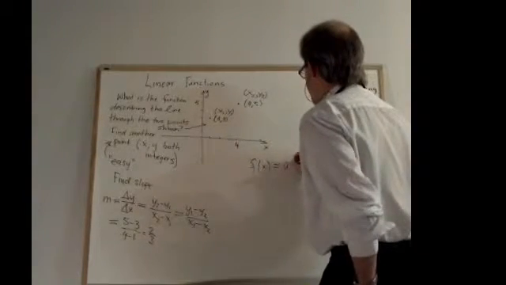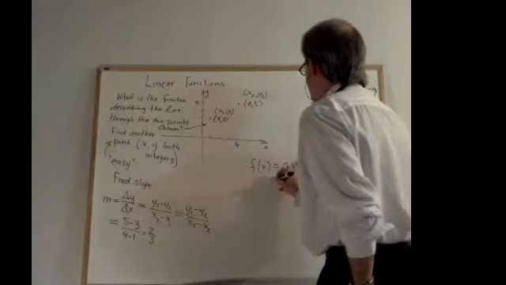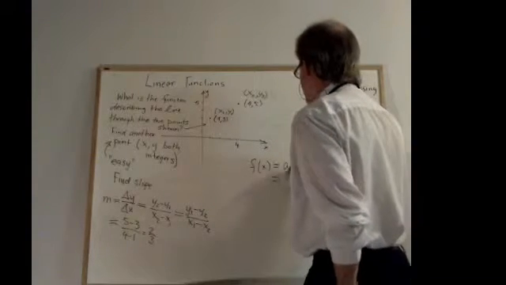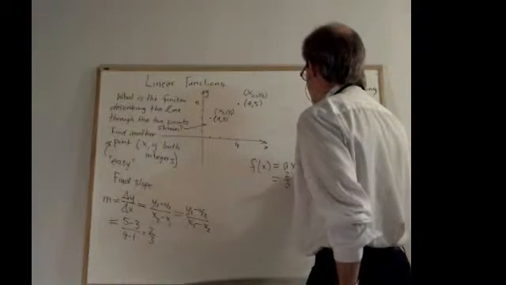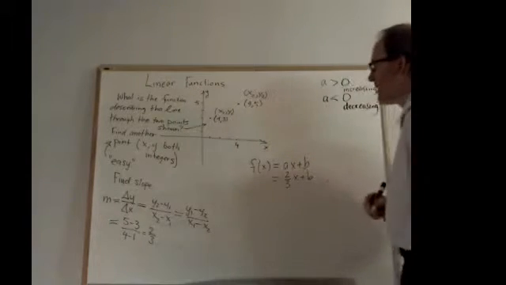So the function is of this form, ax plus b. I've determined the slope to be 2/3, so I can write that in. And now I just have to find b.